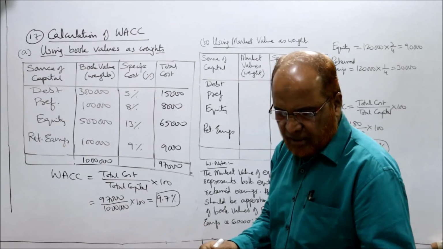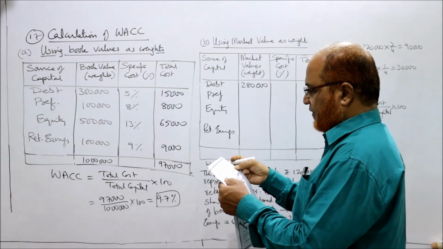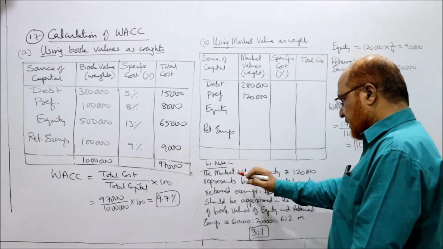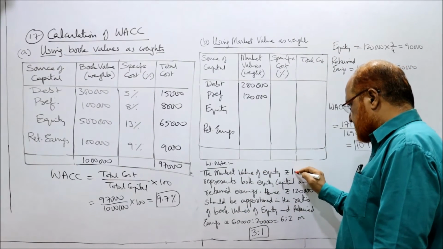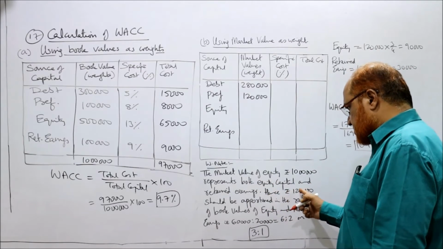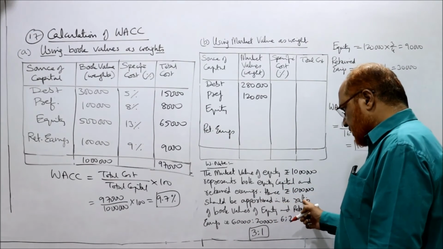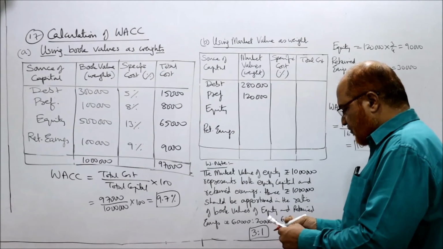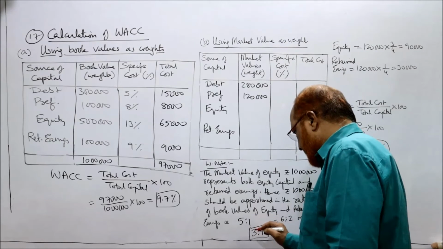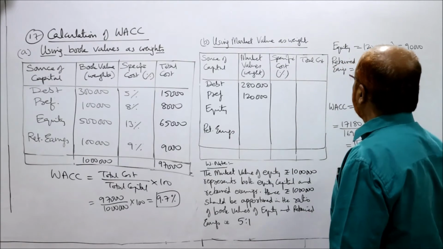The market values are given in the problem, that is 2,80,000 debt. And preference is 1,20,000. The market value of equity is given as 10 lakh, representing both equity capital and retained earnings, hence rupees 10 lakh should be apportioned in the ratio of book values of equity, that is 5 lakh is to 1 lakh. Five is to 1.